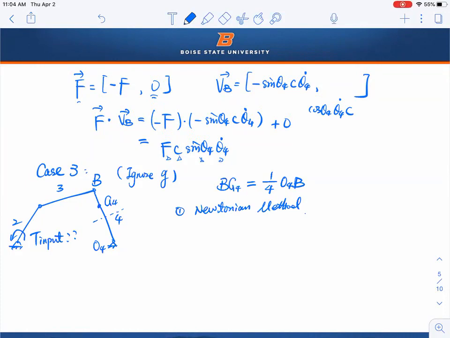The only thing we need to change is your O4 link, your fourth link, J4. Okay, so we have the same reaction forces, 1 for X, 1 for Y, 3 for X, 3 for Y.